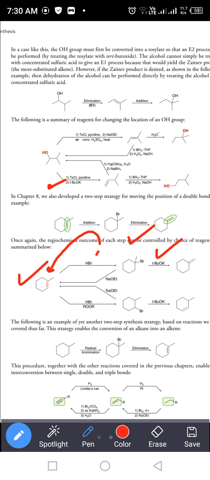So treat this alkyl halide with tertiary butoxide and it will give the unsubstituted alkene. It means we have converted the position of the double bond from substituted to unsubstituted. This was our required product. So we have made a strategy. The design strategy is this. This is the route. So we will follow that route.